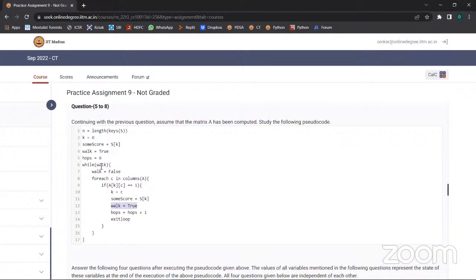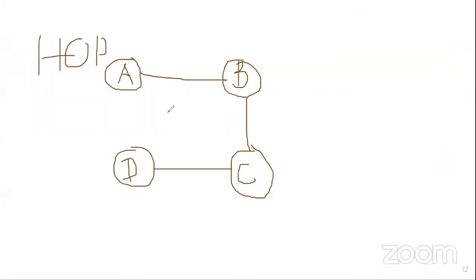And at that point of time, the value of K is now updated. Value of K is the previous value of C. So what we are doing is, let me go back to the whiteboard. So does that mean we are taking the smaller value now?